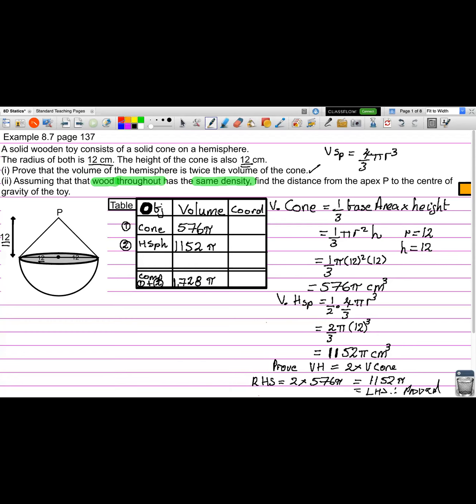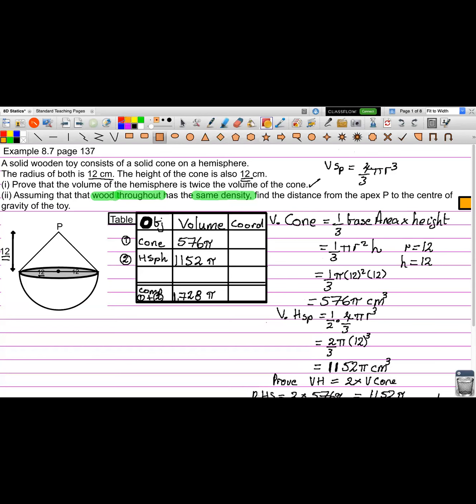Assuming that the wood throughout has the same density, find the distance from the apex P to the center of gravity. So what I have decided to do, rightly or wrongly, is I am going to draw my axes in red here.